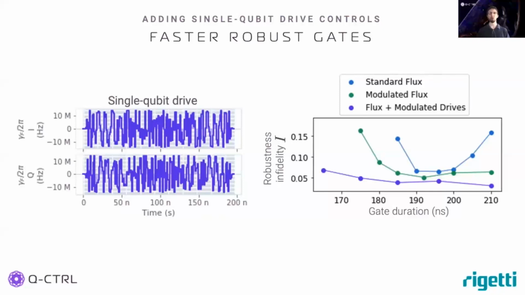Applying these drives in combination with a flux pulse greatly increases the breadth of the robustness region for different pulse durations, seen by the lower infidelity measure at each point. And it also allows a much broader range of gate durations, and thus faster gates. These gates still retain flux amplitude robustness.